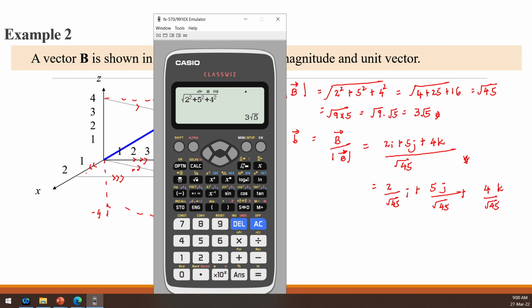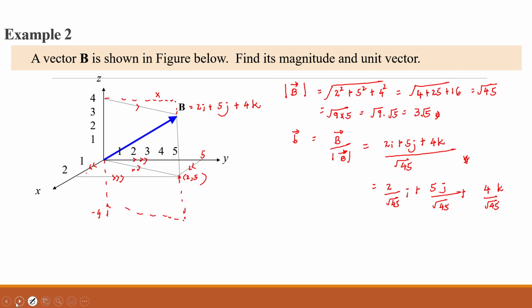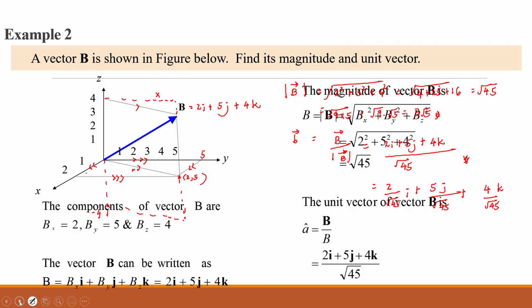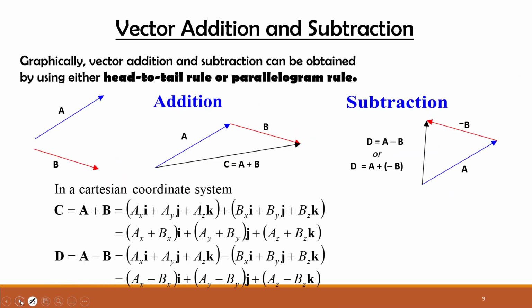So either you divide by 3 root 5 or you divide by root 45, and then either in this form or you break it into the ijk components. Thank you, Doctor. In the slide there is already the answer. You can just recheck it.